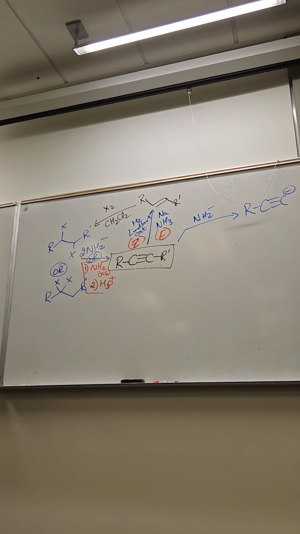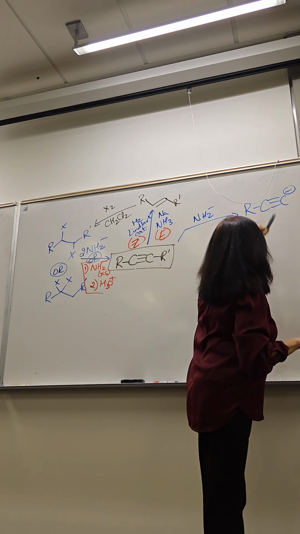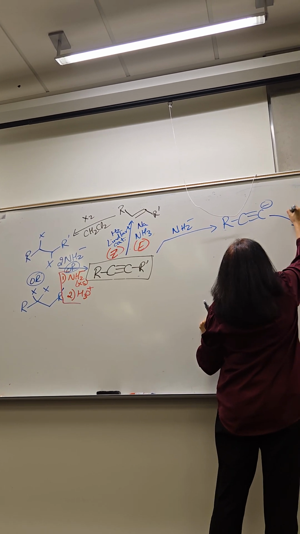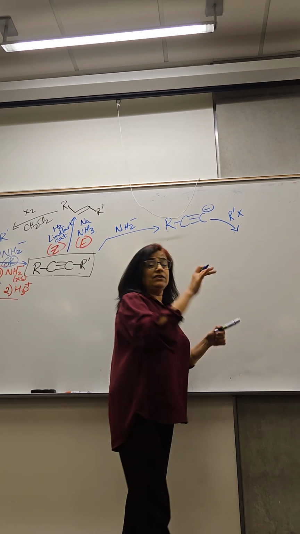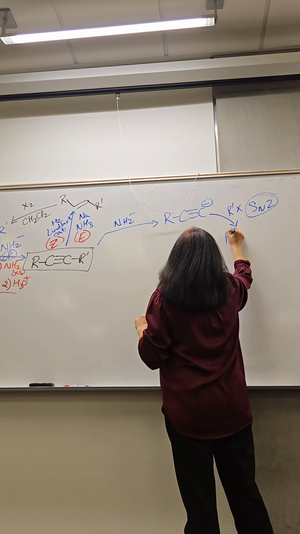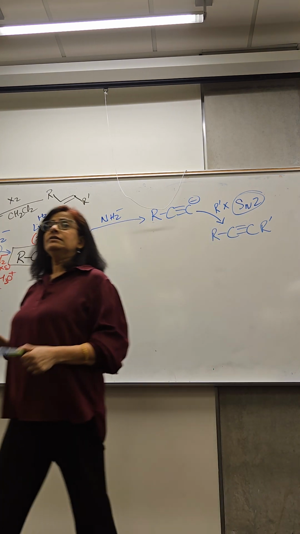Agree? What's the purpose of this guy? A good nucleophile. So what can we do with that? If it's a good nucleophile, SN2. So if you react it with R prime X, whatever the leaving group is, it does SN2 and creates a bigger alkyne. Isn't that right, guys? Yep. Did we learn this?